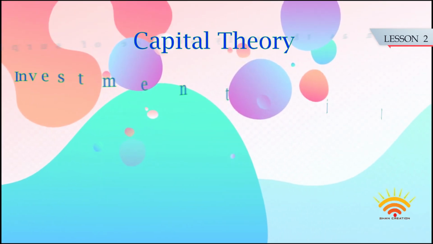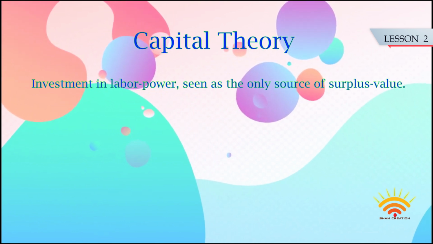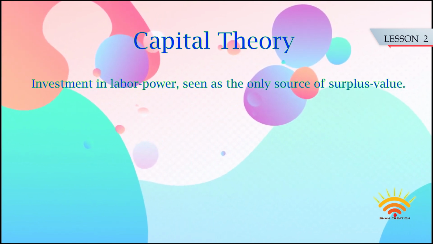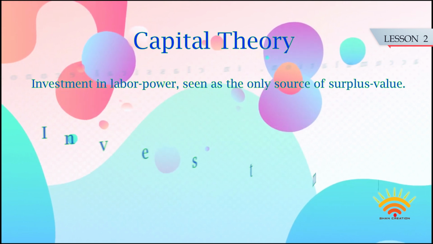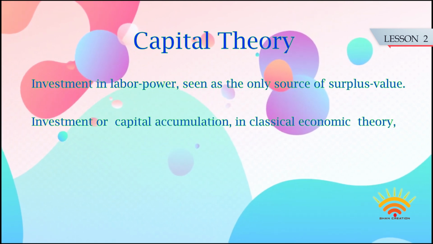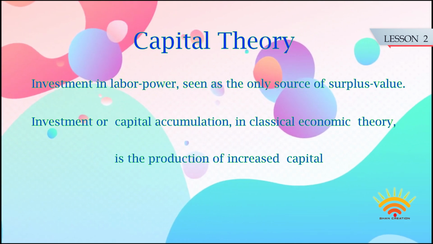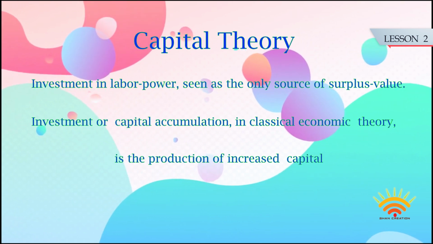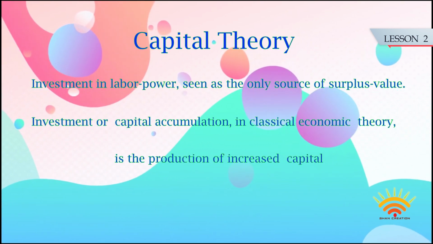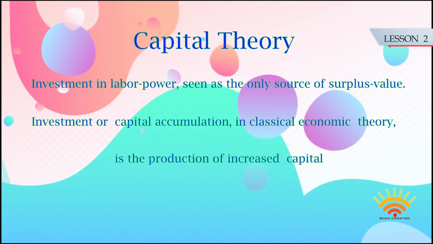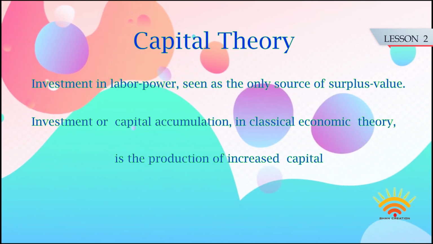The variable capital refers to a capitalist investment in labor power, seen as the only source of surplus value. Investment or capital accumulation is the production of increased capital. Organizations need to allocate capital to invest more and more to accumulate capital for future development of the firms.